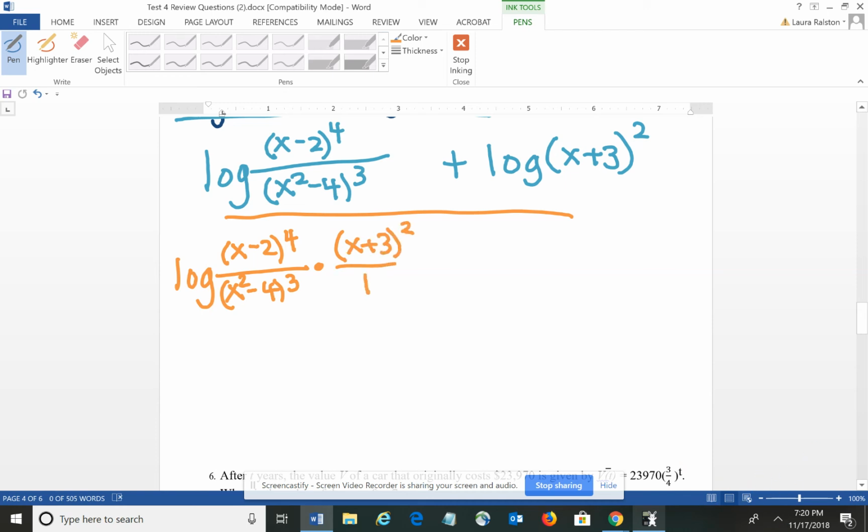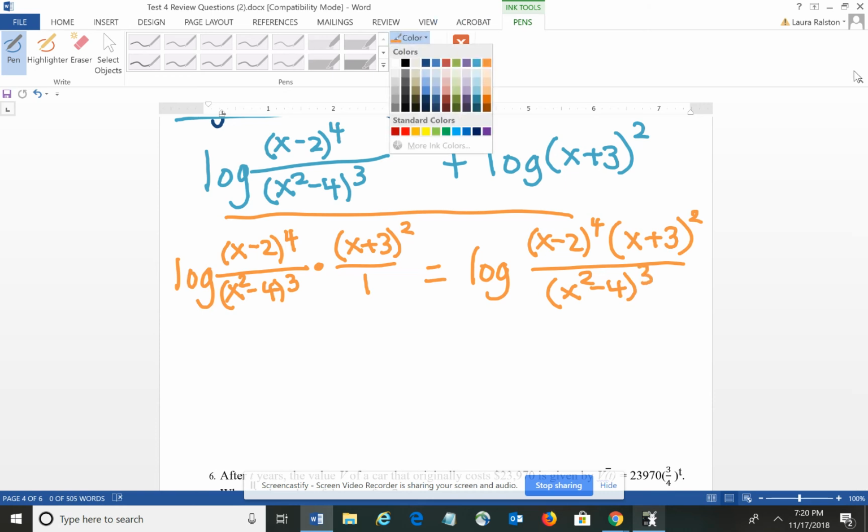Technically that's over 1. So when I simplify, I have log of x minus 2 to the 4th times x plus 3 squared over x squared minus 4 to the 3rd.